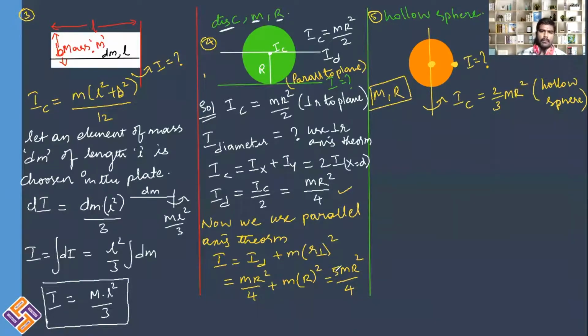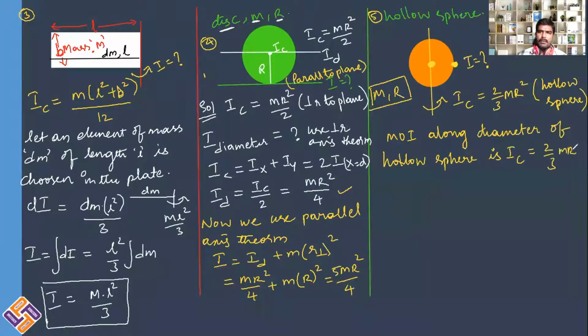So therefore, moment of inertia along diameter of hollow sphere is IC, that is equal to 2 by 3 mr square. So once we know this, the perpendicular distance between two axes is equal to r.